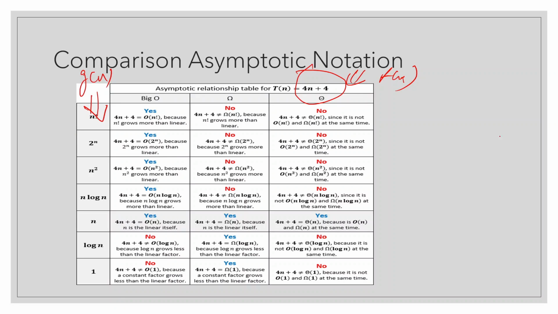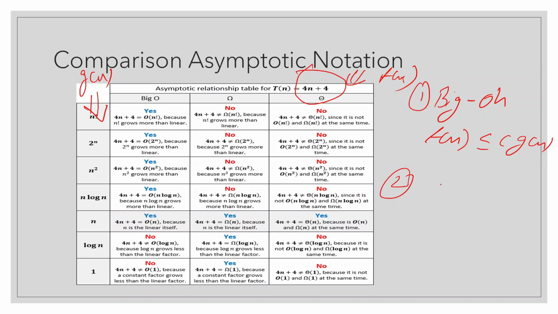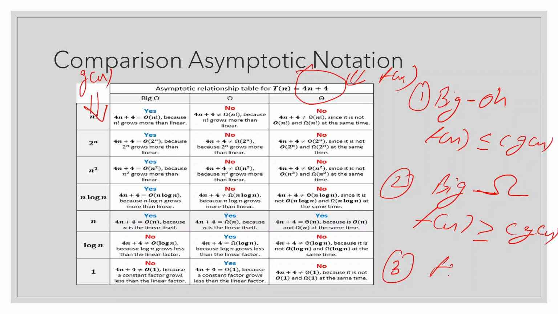Let me write all the conditions so that you can identify them. For big O, f(n) should be less than c g(n). For big omega, the condition is greater than c g(n). And f(n) is equal to g(n) means if both these conditions are satisfied, then we easily find theta.